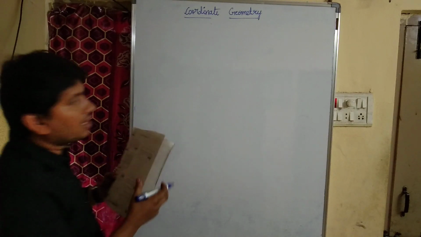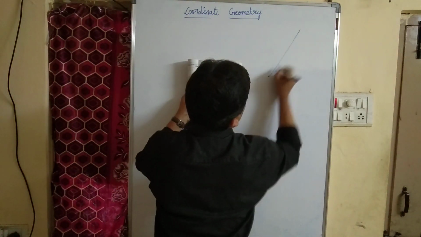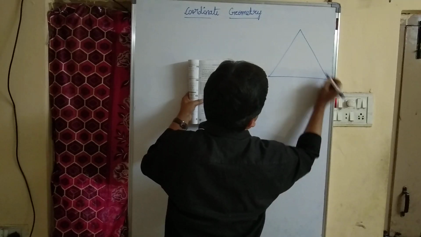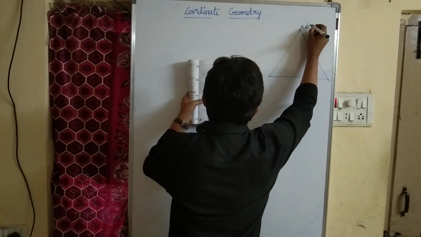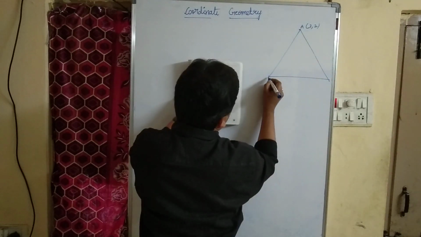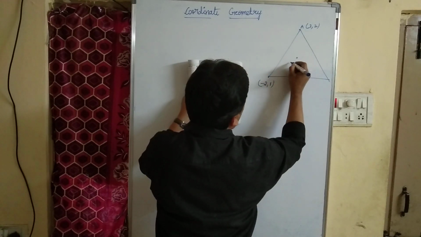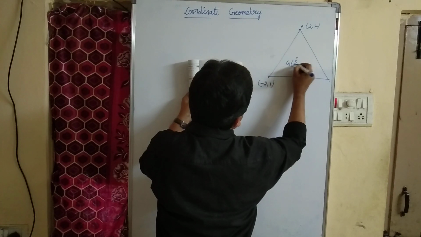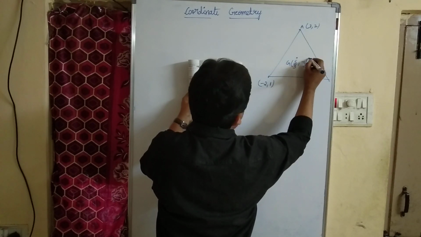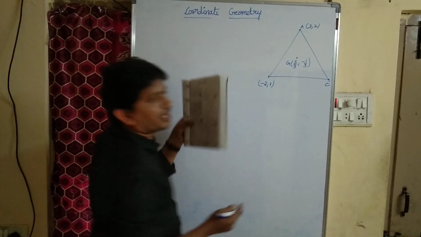Two vertices of a triangle are, this is one vertex, given 3 comma 2, this is the second vertex minus 2 comma 1, and its centroid is given 5 by 3 comma minus 1 by 3. Find the third vertex.